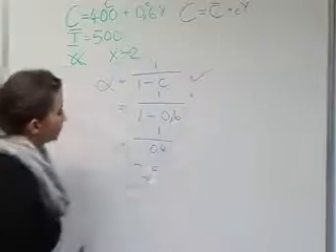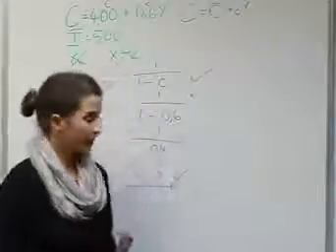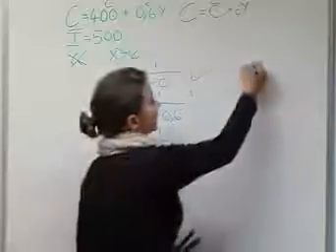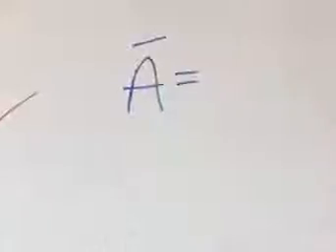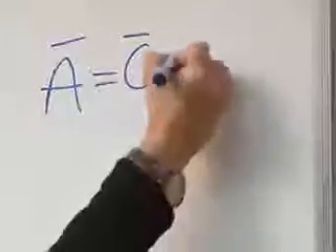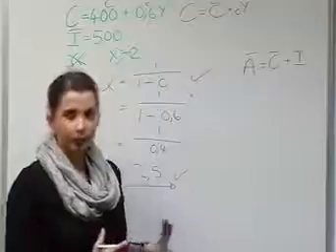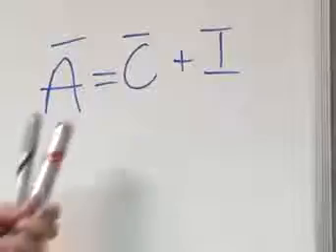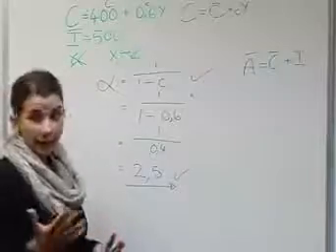So for the first question, your answer is 2.5, and you'll get a mark for correctly showing the formula and the answer. So the next part of the question asks you to calculate the equilibrium level of income. To do that, we first need to calculate the autonomous spending, which in this case is only autonomous consumption plus total investments, because there are no induced parts to investment. Everything in investment is autonomous. Now, you might have seen this before, that there's a G and an X in there and a Z in there as well.